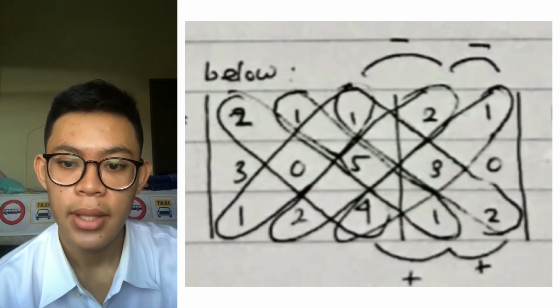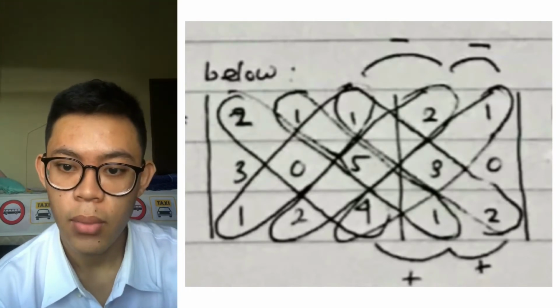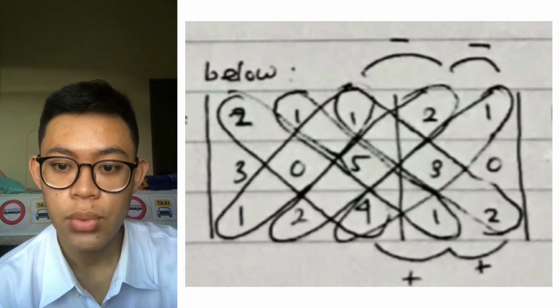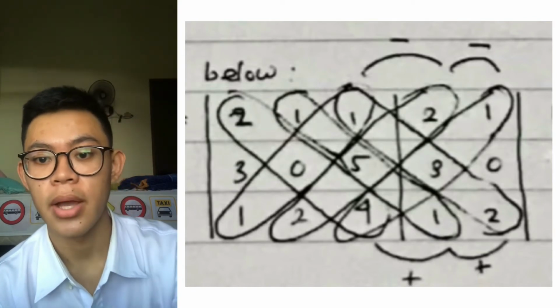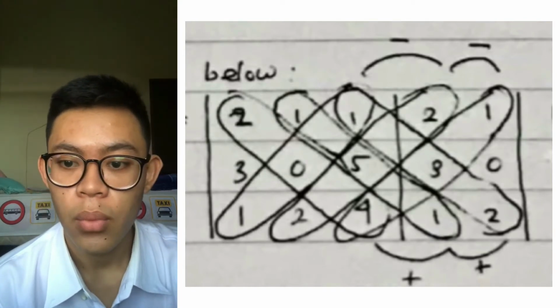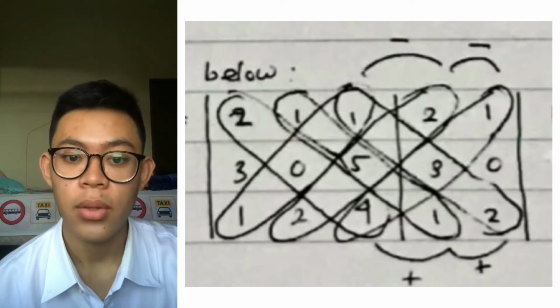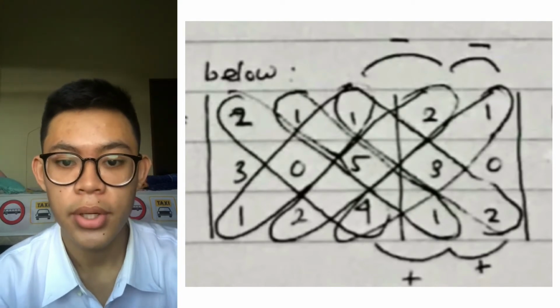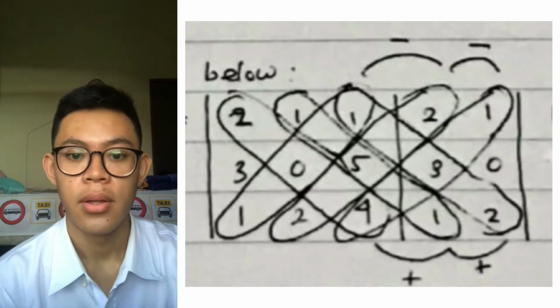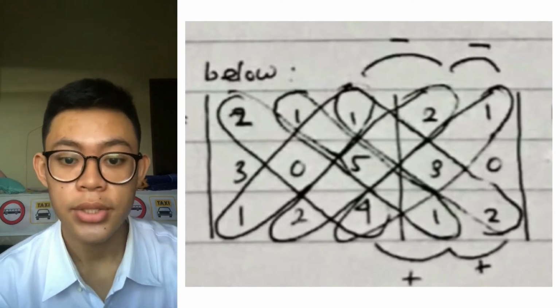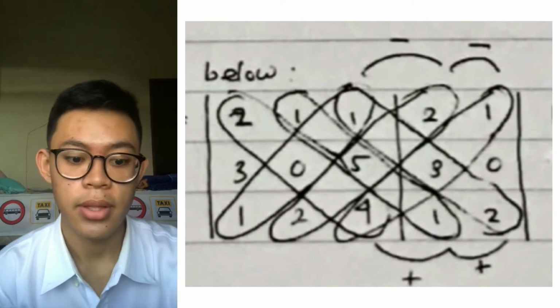For example, the first one is 2 multiplied by 0 multiplied by 4, and then we add it with the second number on the first row, the third number on the second row, and the fourth number on the third row.